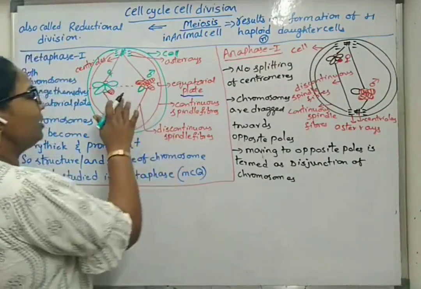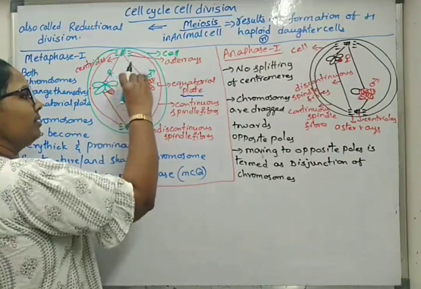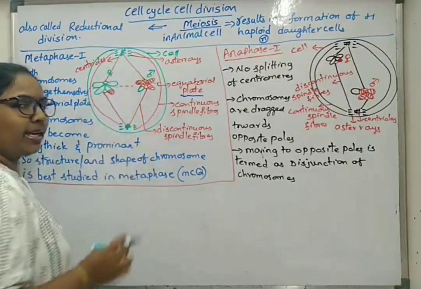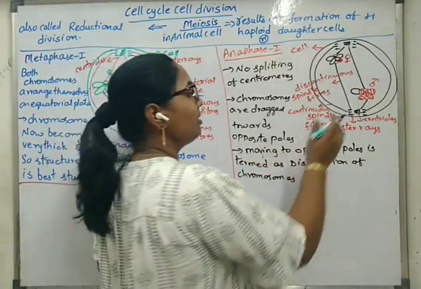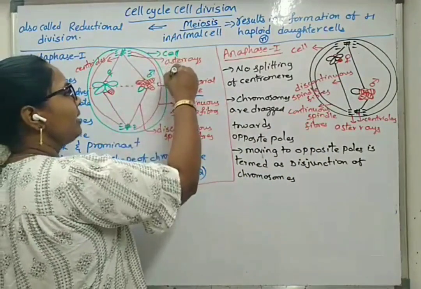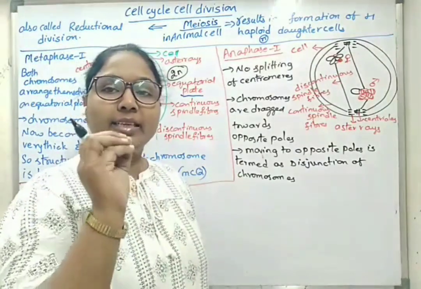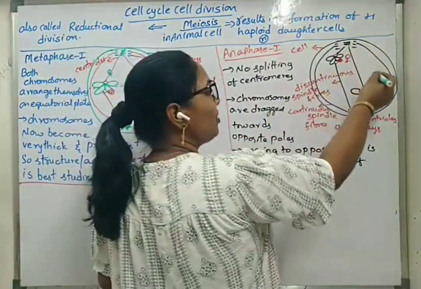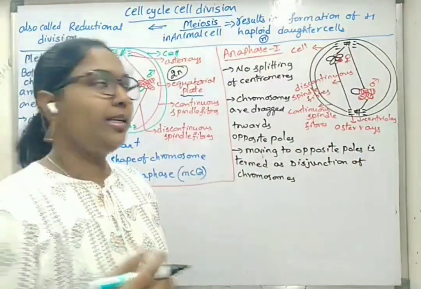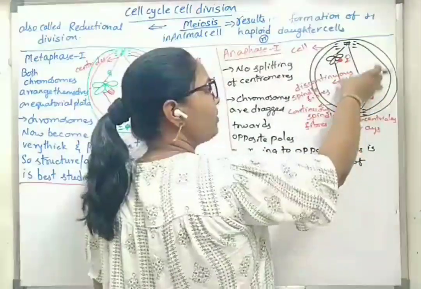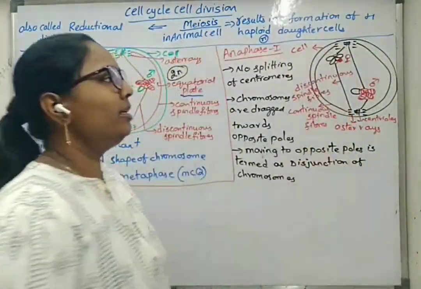Now, here in complete cell, there are two chromosomes side by side as homologous pair. The condition we can say is 2n condition. But now they started getting into opposite poles so that later they will be converted into half of the chromosomes in this part and half of the chromosomes in other part.